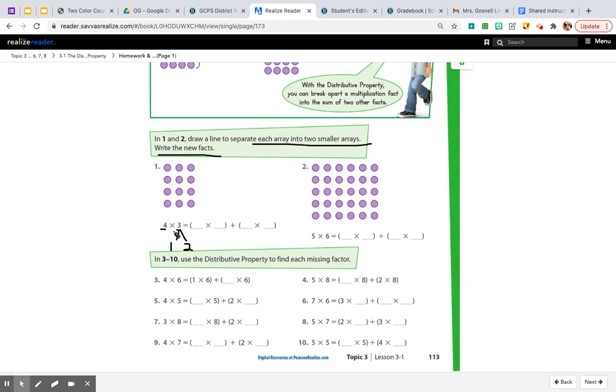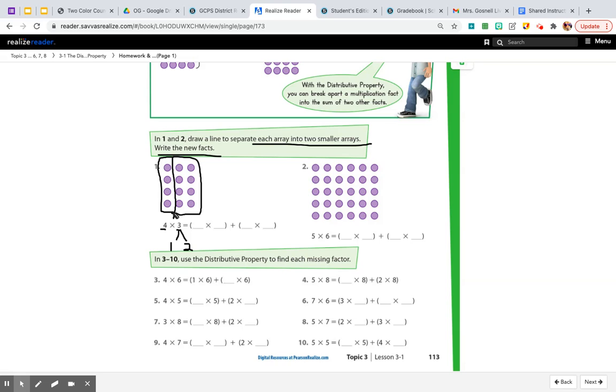So the only factor that I split up here was the 3, and I can model that by taking a line and going straight down here. Here, I split 3. If you look at this as columns, 3 columns, I split 1, and here's 2 on this side, making 2 separate arrays.